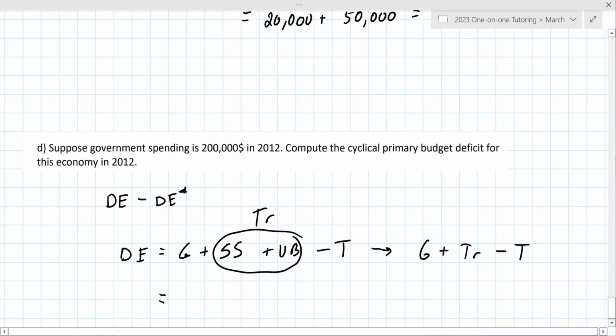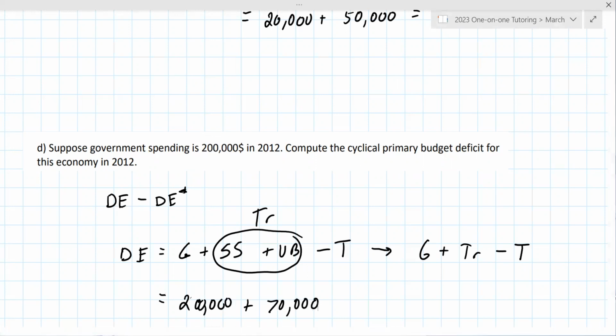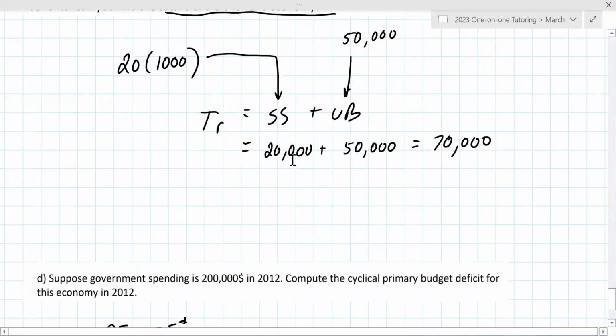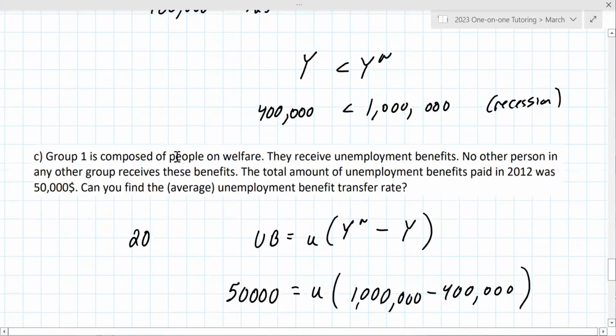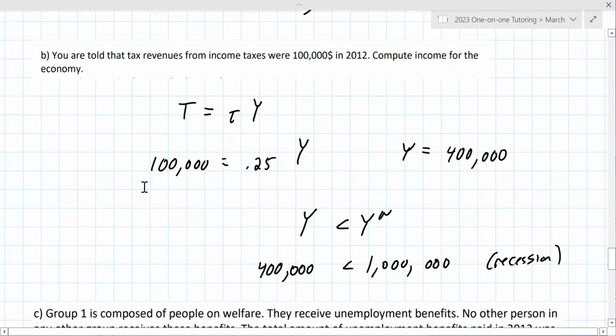Okay. So in that previous problem though, they tell you the value of DE. Here they don't. Here they tell you G. Okay. So I take this to mean that if we're doing this, it's 200,000 plus the 70,000 for the transfer payments, and then the tax is 100,000.